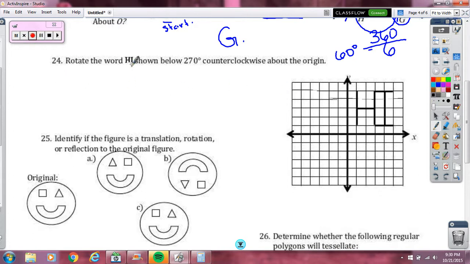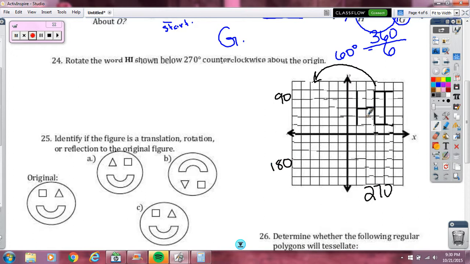Alrighty, so rotate the word HI shown below counterclockwise about the origin. So 270 counterclockwise. Alright, so counterclockwise is this way. So that would be 90, this would be 180, this would be 270 if I'm going counterclockwise.